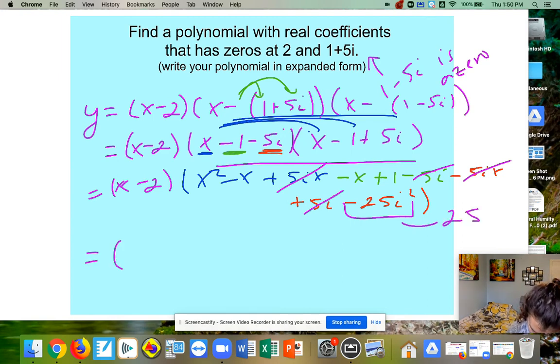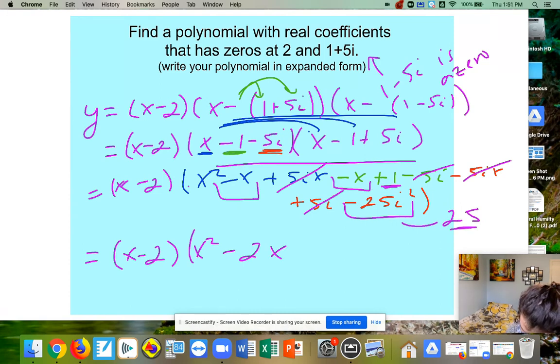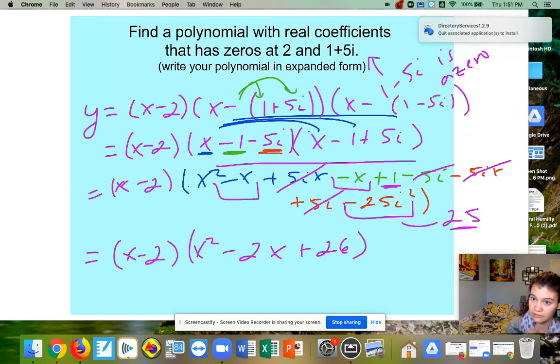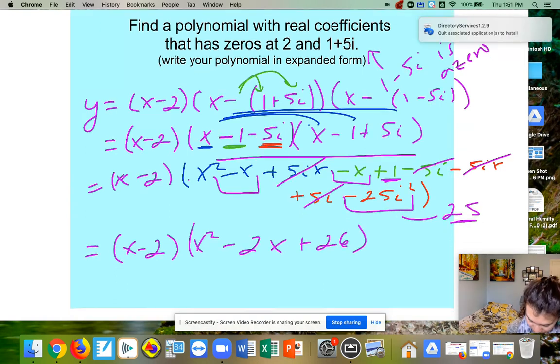So if we rewrite this out, we have x minus 2 and then x squared. And we have this x and this x give us negative 2x. And then 1 and 25 to give us 26. And now you need to FOIL this out one more time.